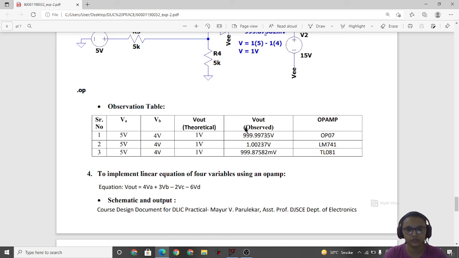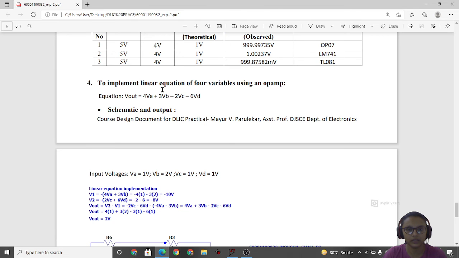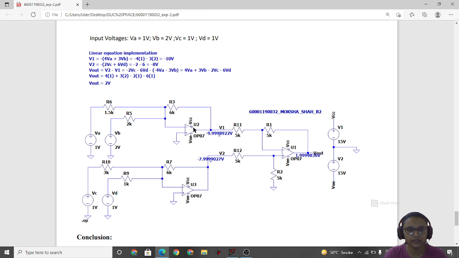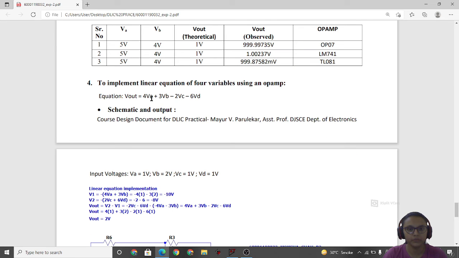Now I'll show you one more thing. As I told you, if there are 4 input voltages, I'll be taking 3 op-amps. You can see here I've taken 3 op-amps. At the first op-amp you take VA and VB, and the second op-amp VC and VD. Now you want 4, 3, 2 and 6 as coefficients.